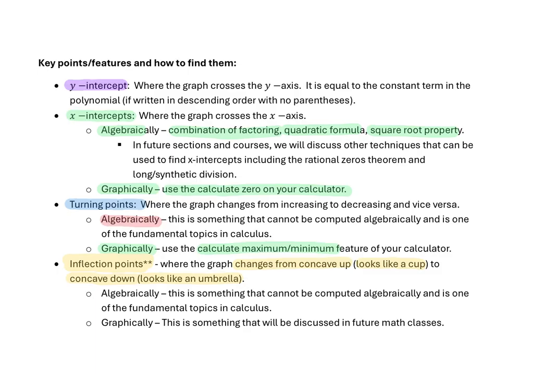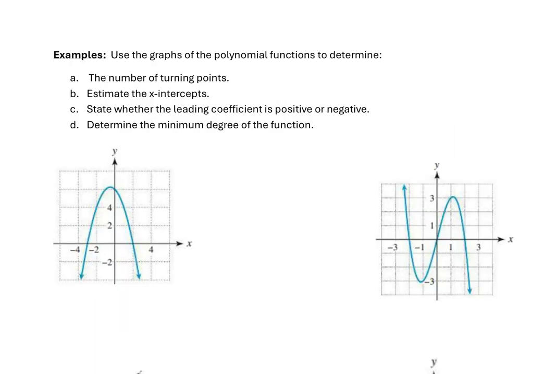All right, so now we're going to take what we've talked about and apply it to specific examples, including graphs and equations. For each one of these graphs, we're going to identify the things that we talked about in the previous section.